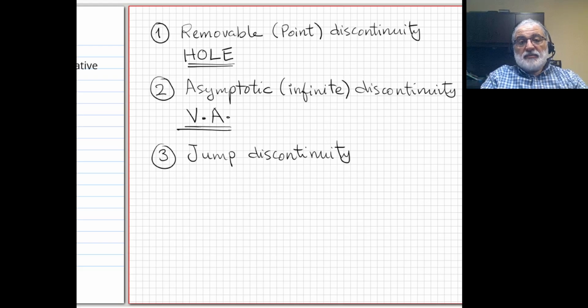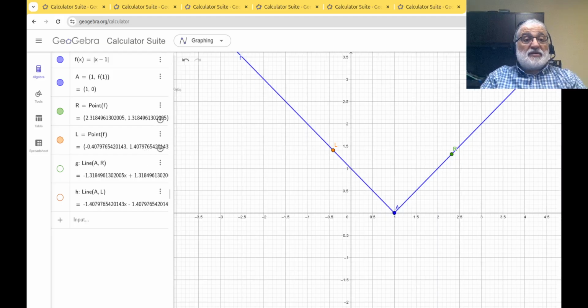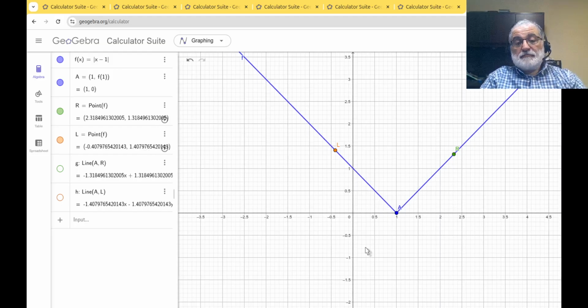Now look at this. This is our very friendly, very familiar absolute value function. The absolute value function is quite simple actually. The definition is over here to the left, and point A here is a point on the function, so the function is continuous. We don't have a problem with that.